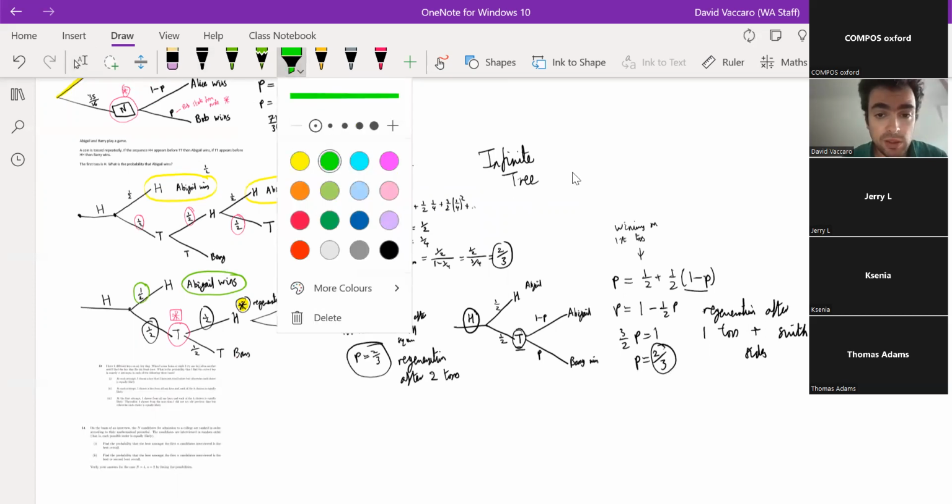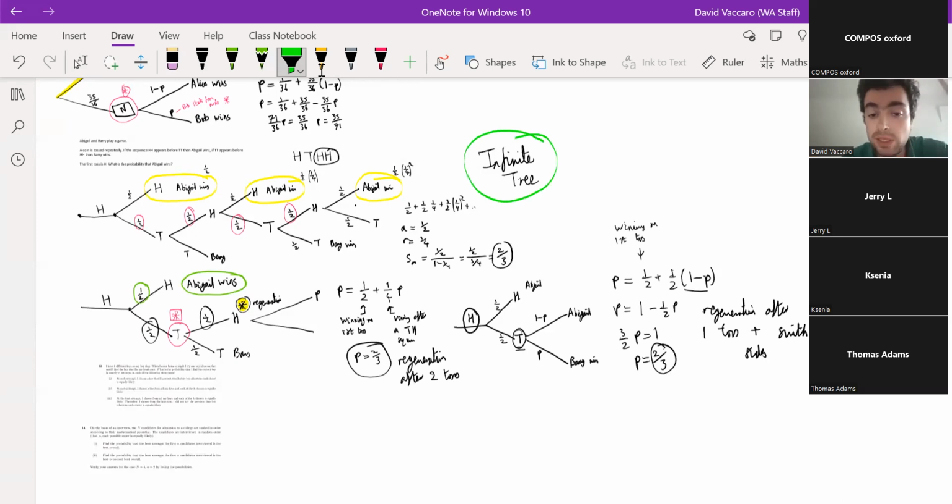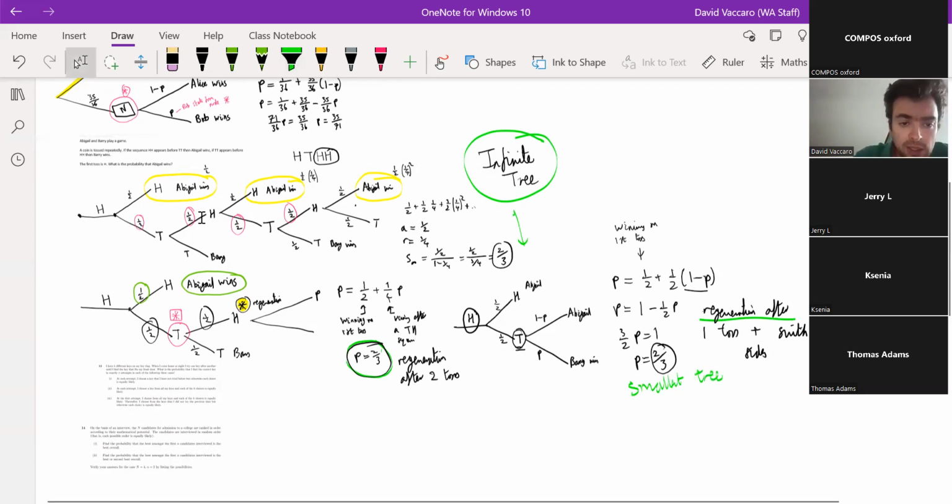This one, the infinite tree, in many ways is conceptually the simplest. But you end up with an infinite series to sum. This regeneration after 2 steps is maybe conceptually simpler than this tricky regeneration where you swap sides. This one has got the advantage of the smallest tree.